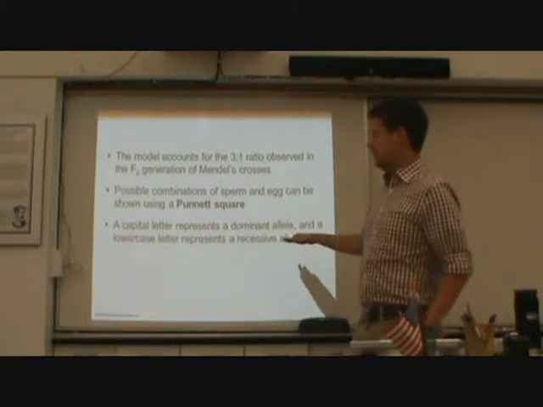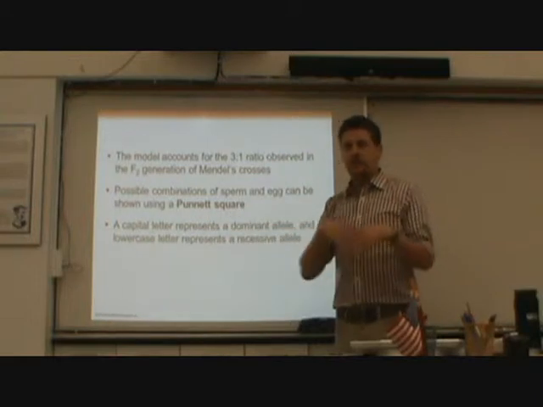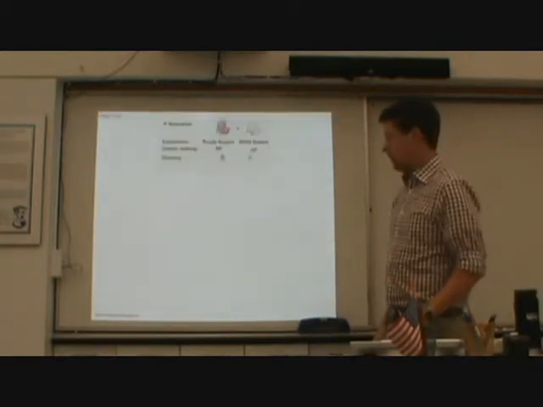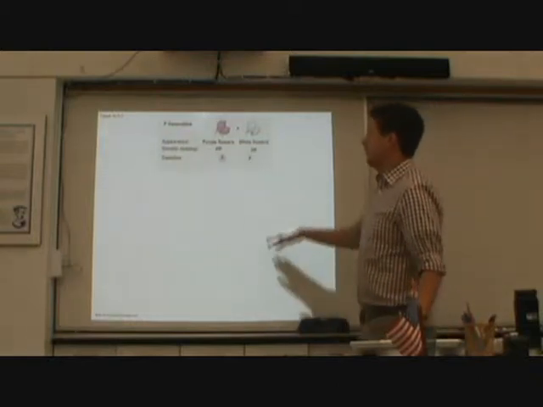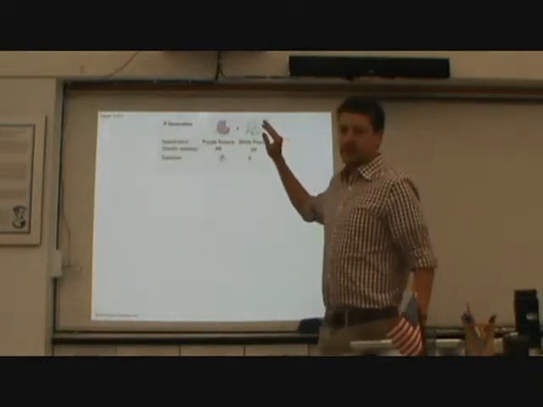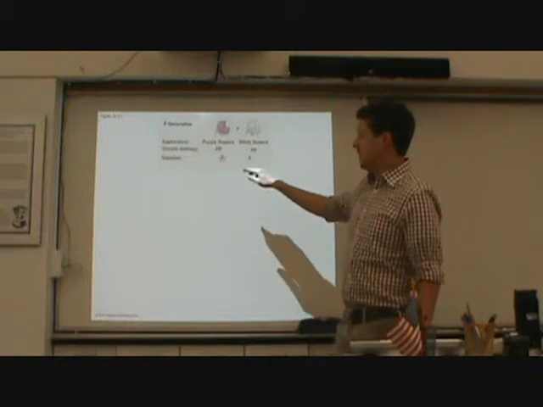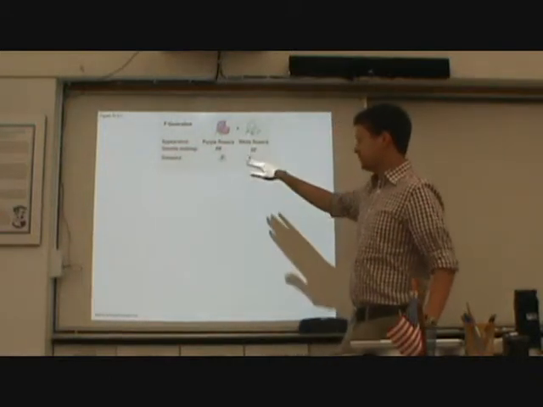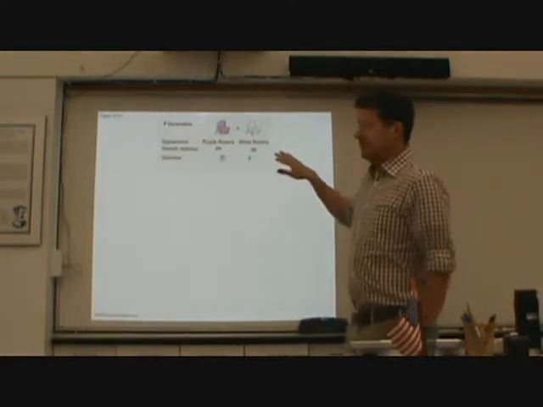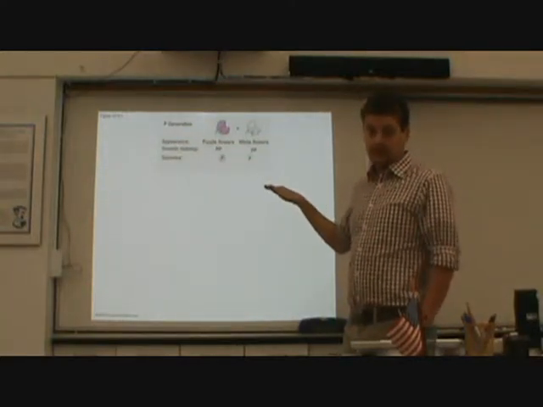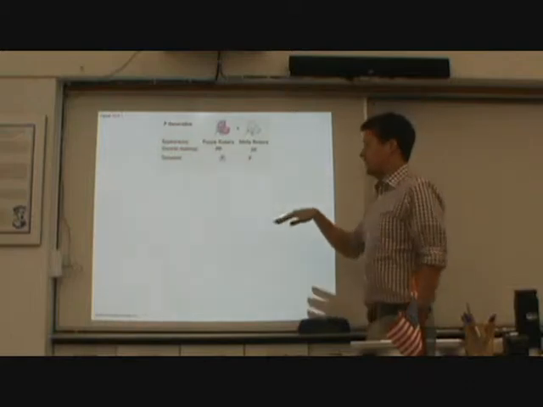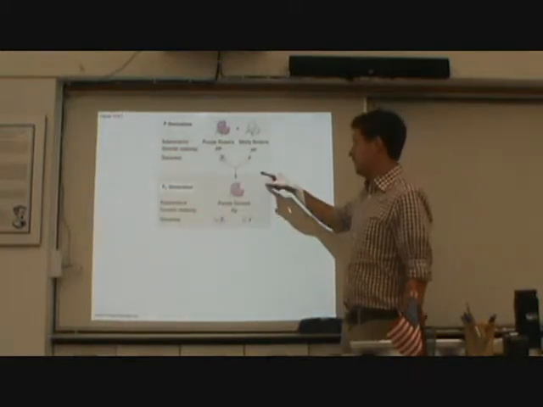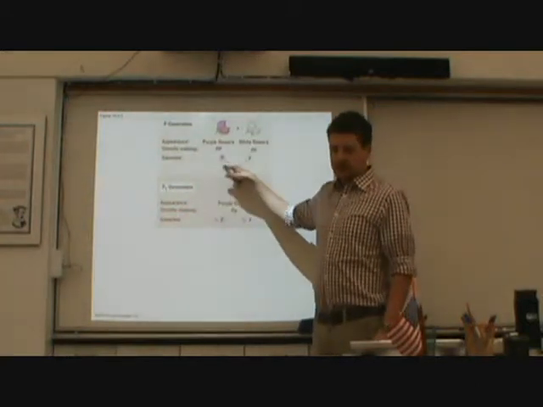So, when we're looking at these, a capital letter is going to represent the dominant trait, and a lowercase letter is going to represent a recessive trait. So let's look at this. If we were to take two different pea plants, and these ones, again, you have big P, big P, and little p, little p. So these are going to be true breeding peas. And if you were to cross them with each other, this one only has 2 dominant alleles to give.